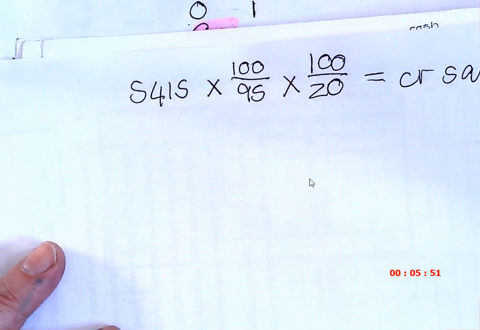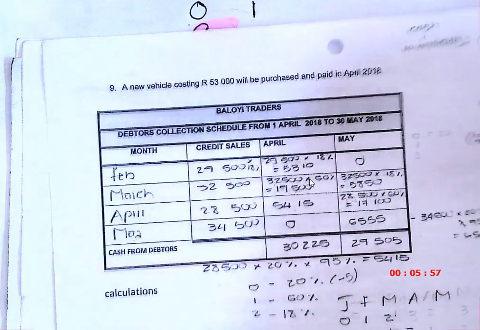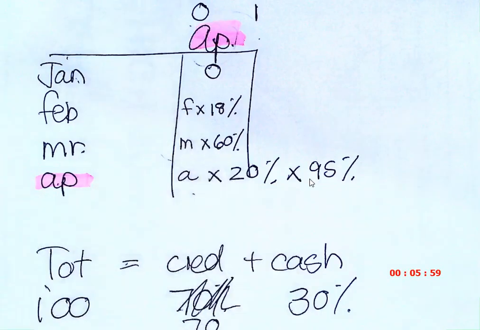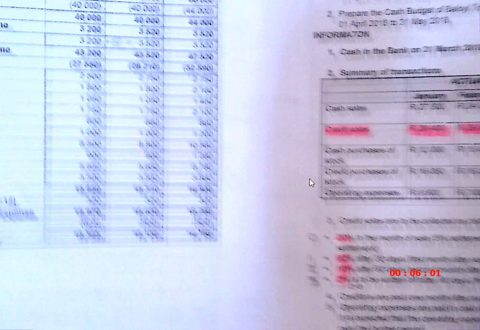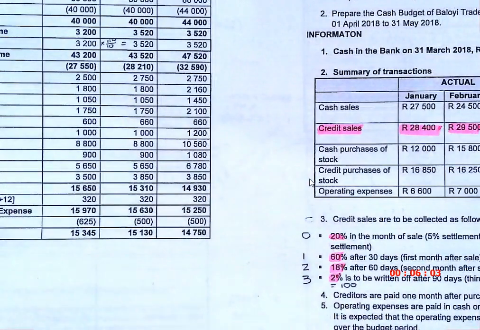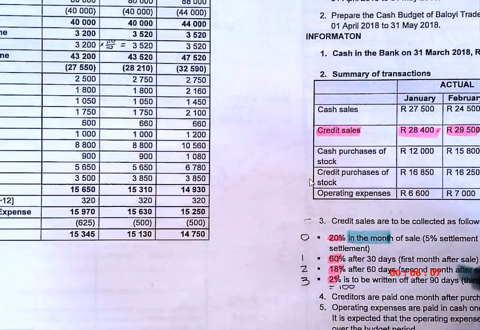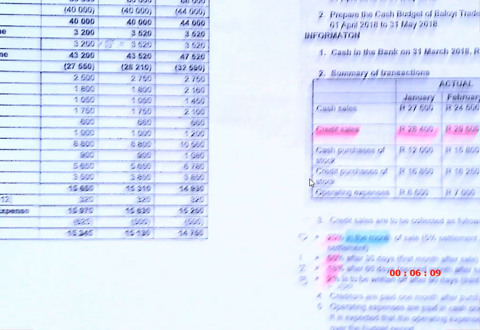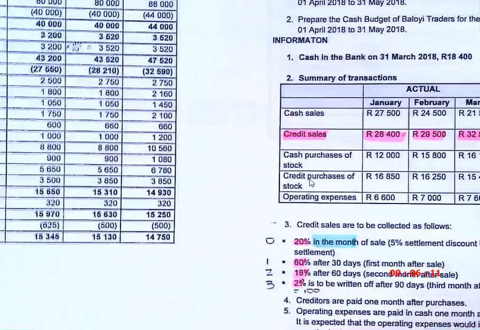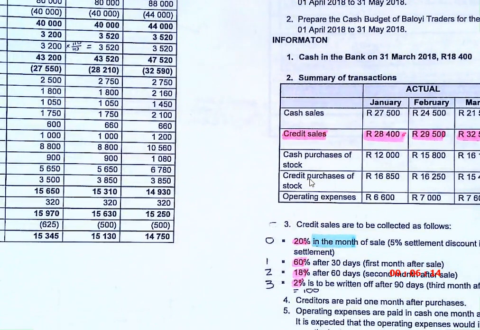Yes, but then remember I was referring to the months, and how do you know that we have to start this year in January? Okay, so if she's asking that we look at the referral of the months. So can you see there the word? It says in the month. So if it's in the month, it means we start the month of the credit sale.